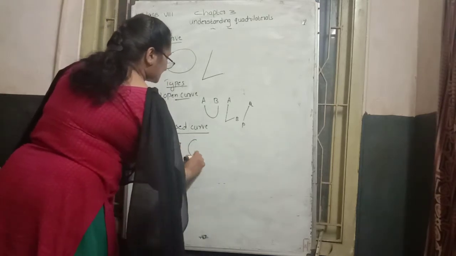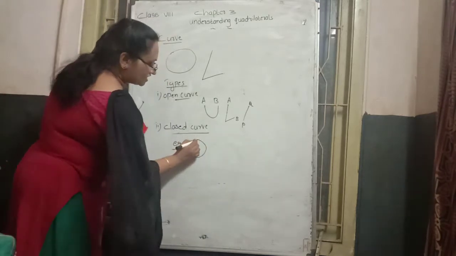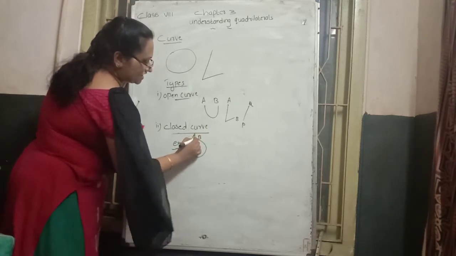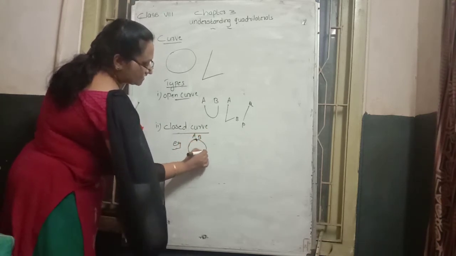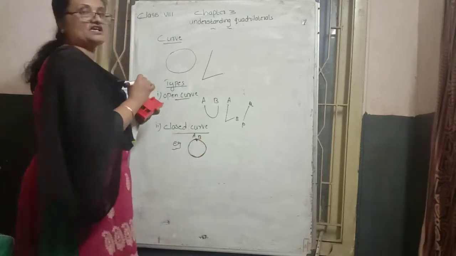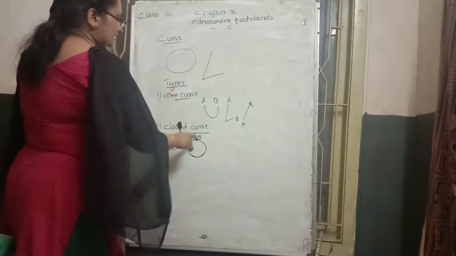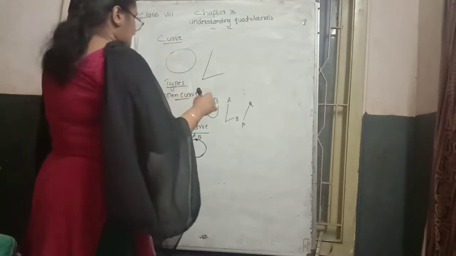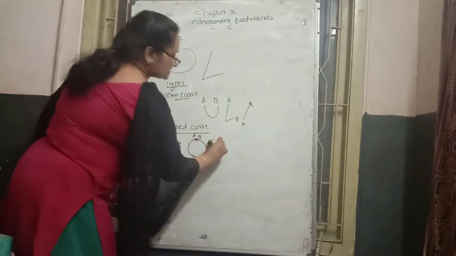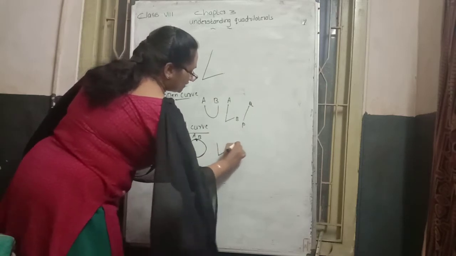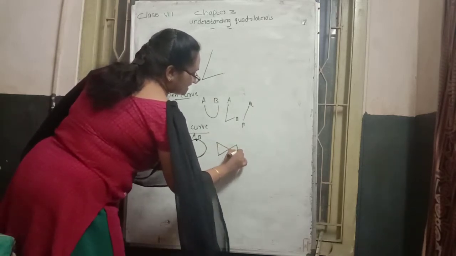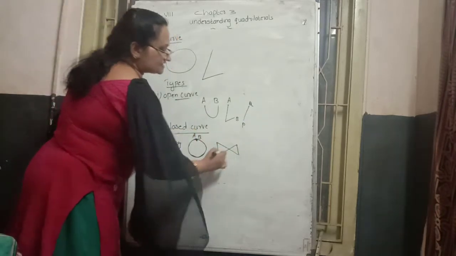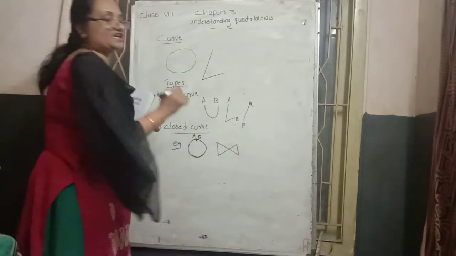There's a circle here, starting from a point and ending at the same point. Mark it as B. So this is a closed figure, and this is also a closed figure. Why? Because this curve is cutting itself, by intersecting itself.